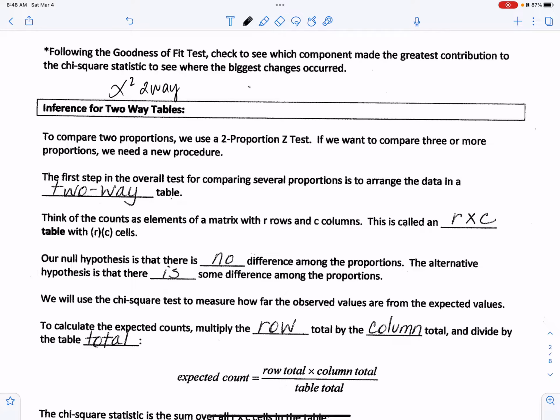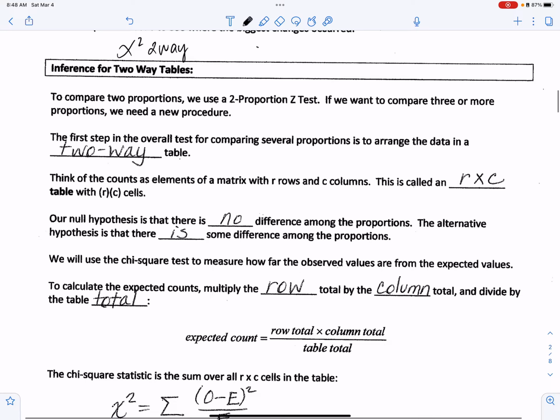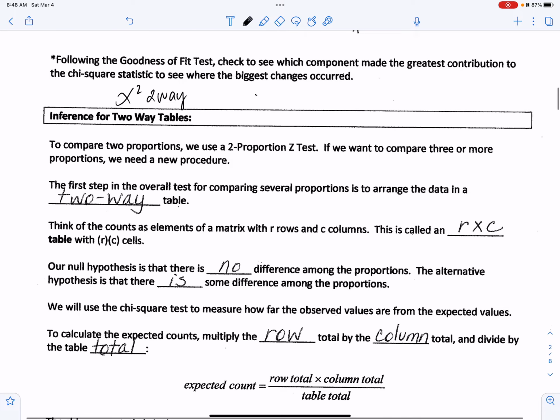College Board does accept chi-squared two-way for both of these, because in your null and alternative hypothesis, you're going to be determining which one it is, the homogeneity or the independence, just by your language. All right, so it's called a two-way test just because it has one thing here, and there's your data.